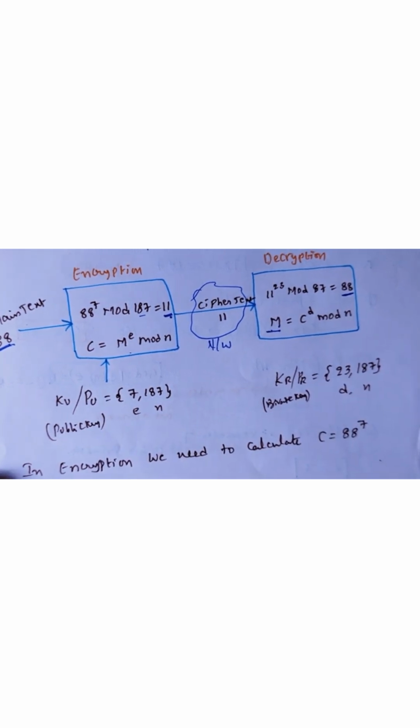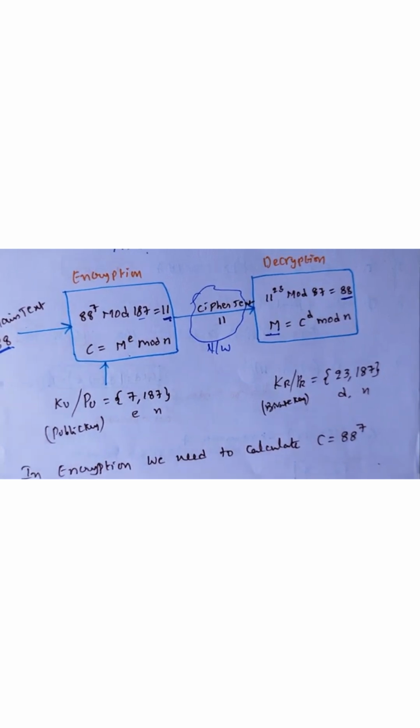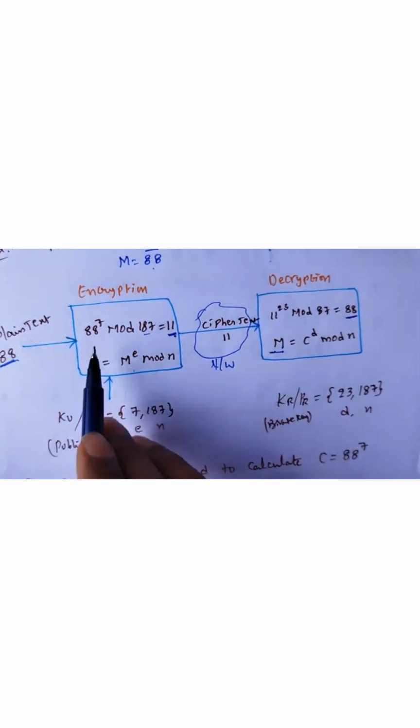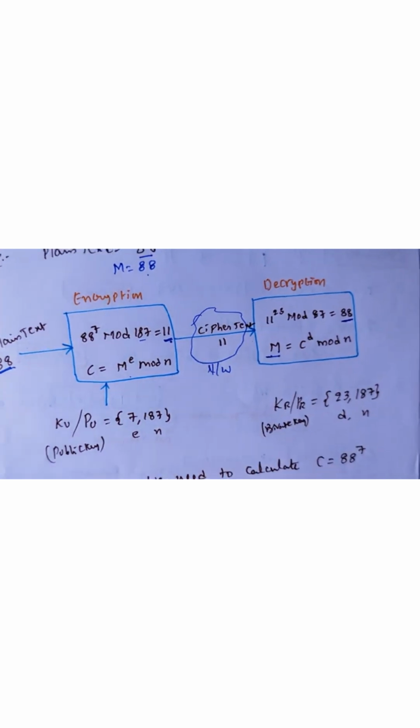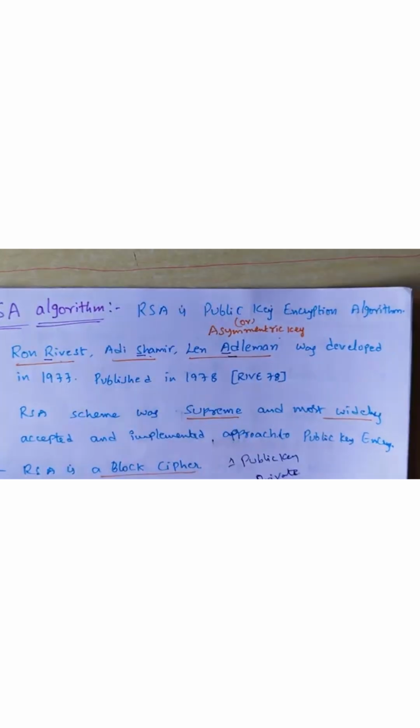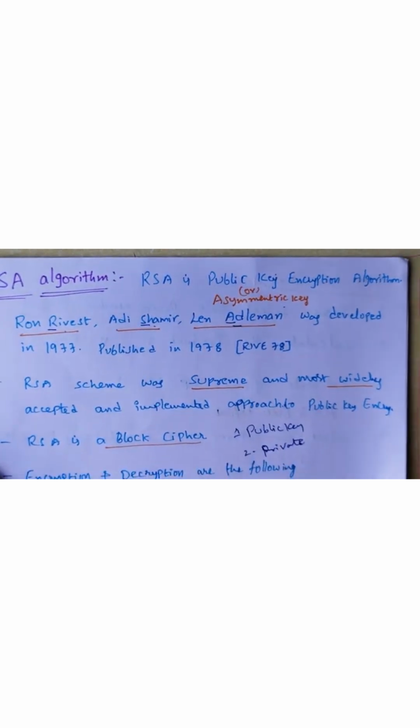When you are writing this exam, please carry your calculator because we have to calculate these lengthy values to get the proper results. This is about the RSA algorithm. The RSA algorithm is an asymmetric key or public key encryption algorithm.